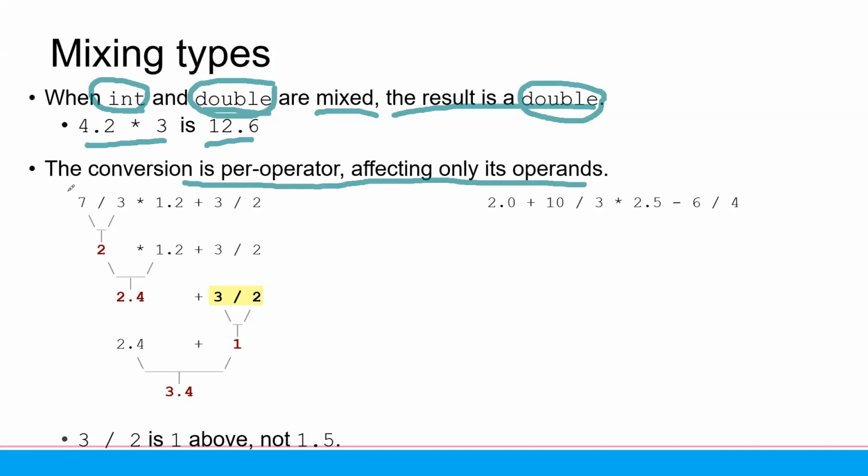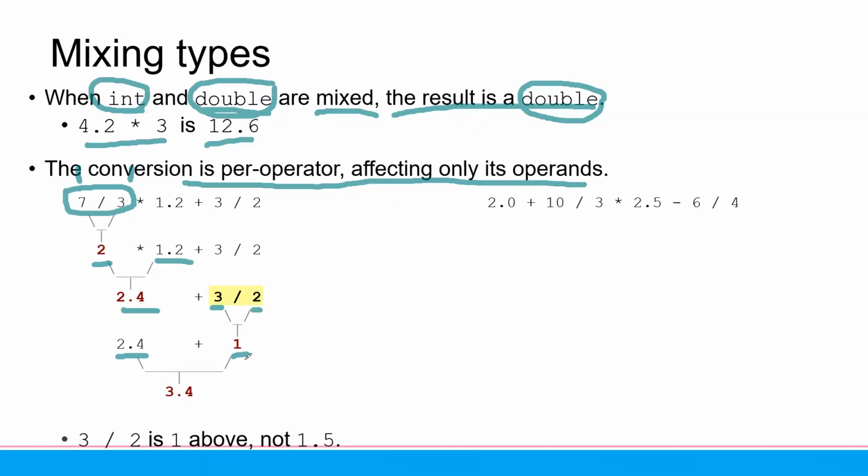It means, like this one, 7 divided by 3. It is an integer and integer. And the result will be integer. And then we have the integer multiply with double. Then the result is double. So the double will always be the priority. And we have 3 divided by 2, integer and integer, the result is integer.